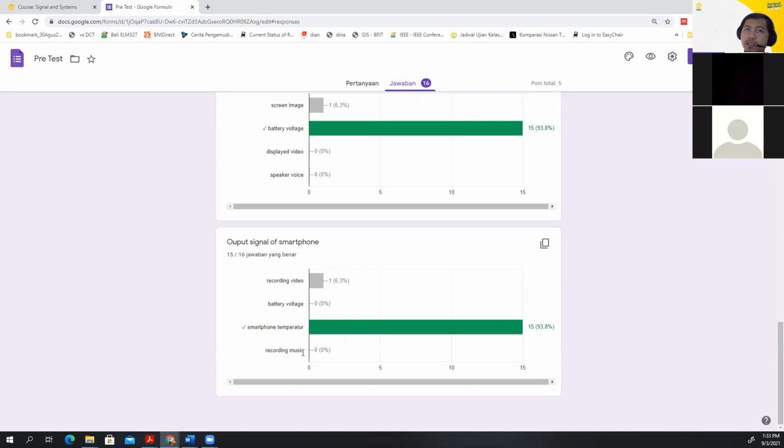Recording music is the activity for inputting the signal, not output.